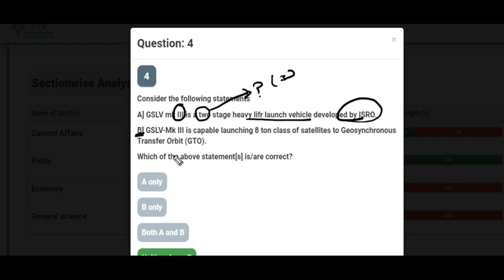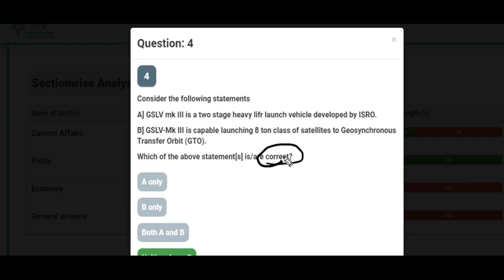Statement B says that GSLV Mark III is capable of launching 8-ton class of satellites to geosynchronous transfer orbit. So geosynchronous transfer orbit is correct, and the doubt is whether it's 8 ton or 4 ton. And the question is, which of the above statements is correct?